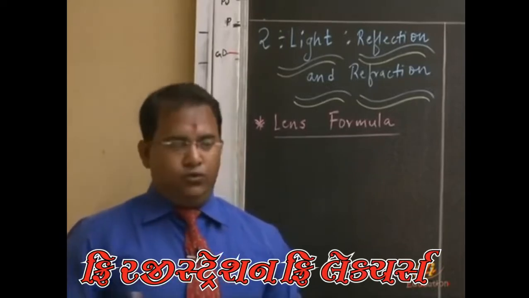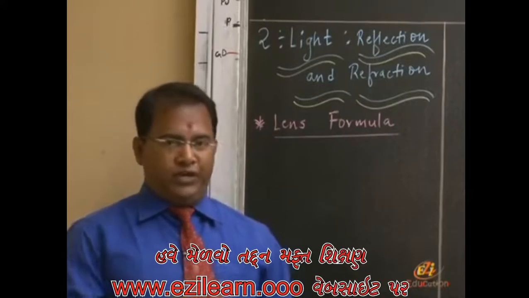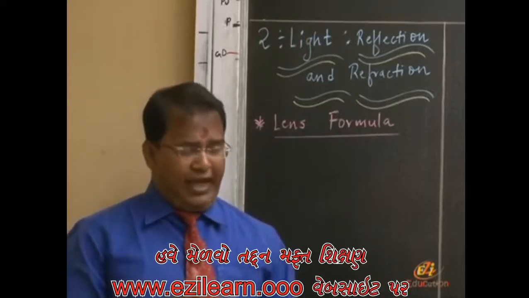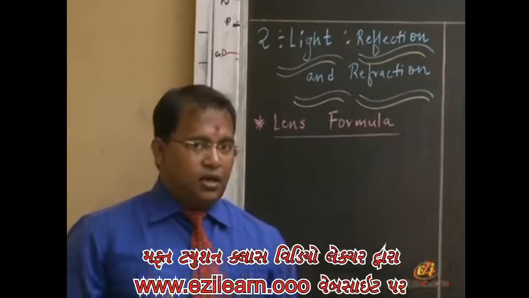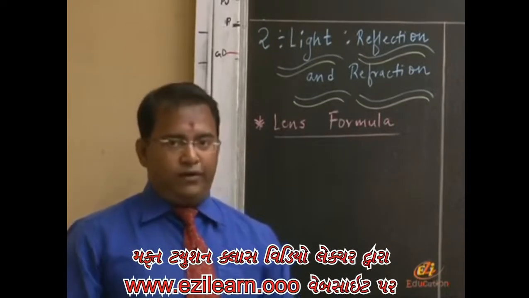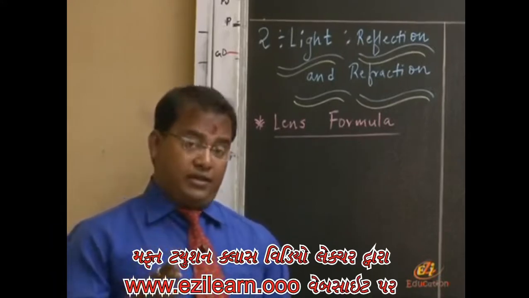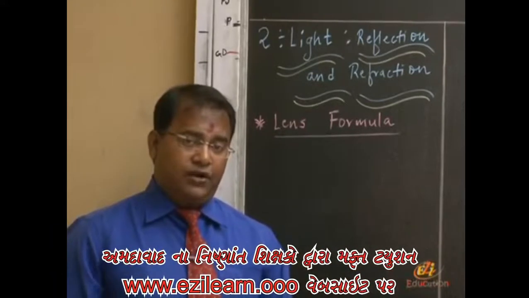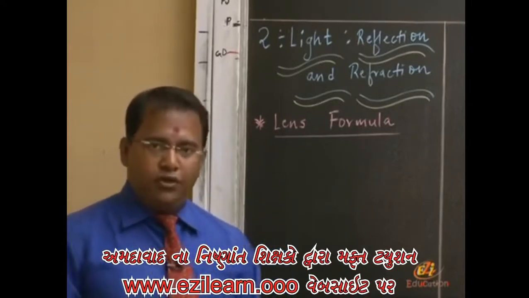In our day-to-day life, whichever optical instrument we use, the microscope, the telescope, the camera, is having a lens in it. You have a microscope, it's using the lens. You have cameras, they are using the lens. You have the telescope, again the lens comes into action in all those instruments.